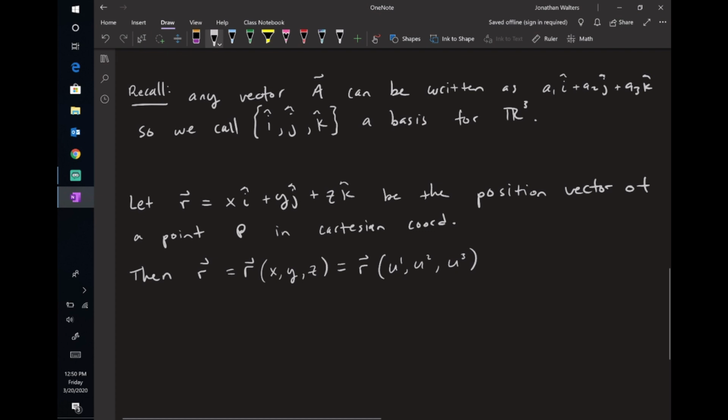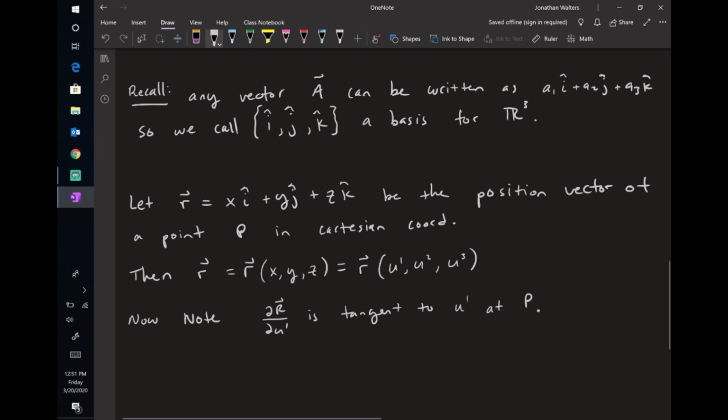So now note that partial r, partial u1 is tangent to u1 at P. So I'm basically differentiating the radial vector with respect to the first curvilinear coordinate, or in the direction of that curvilinear coordinate.